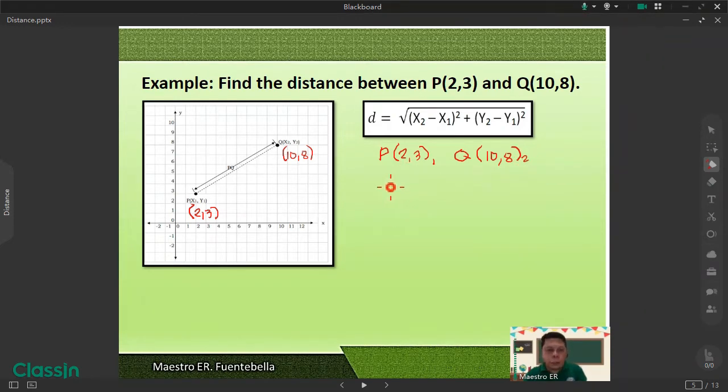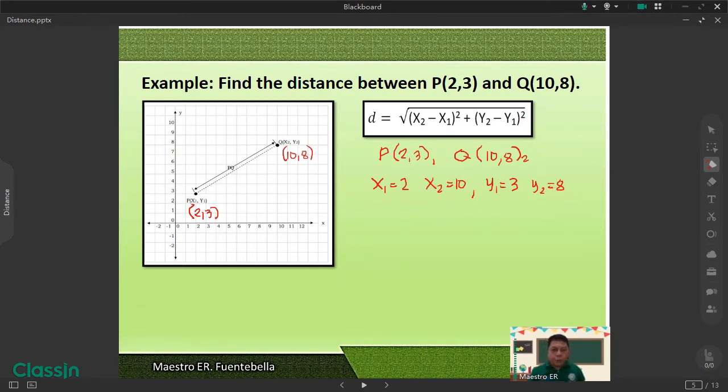So it means that our x sub 1 equals 2, and our x sub 2 equals 10, while your y sub 1 equals 3, and y sub 2 equals 8.